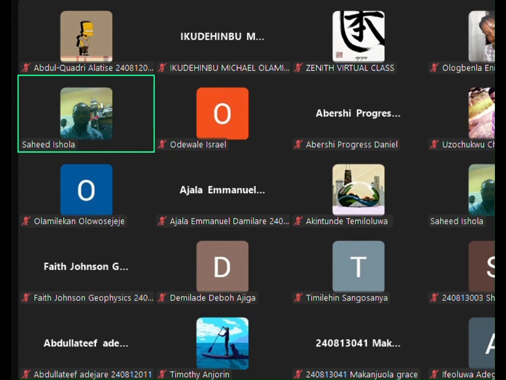So detectability is another issue that we need to be bothered with. How detectable is that target in the subsurface?